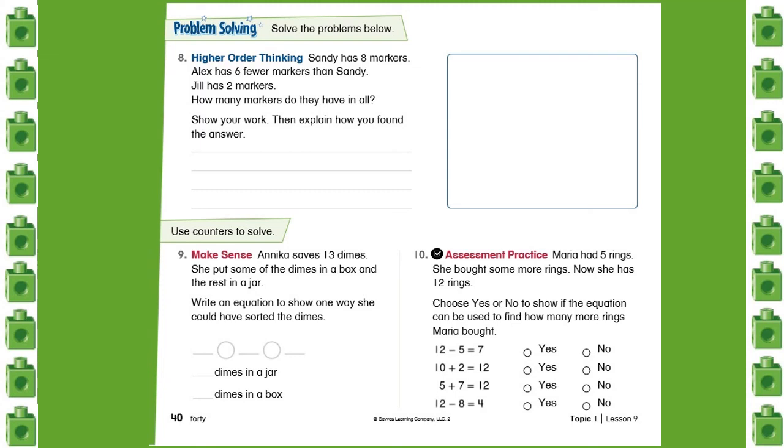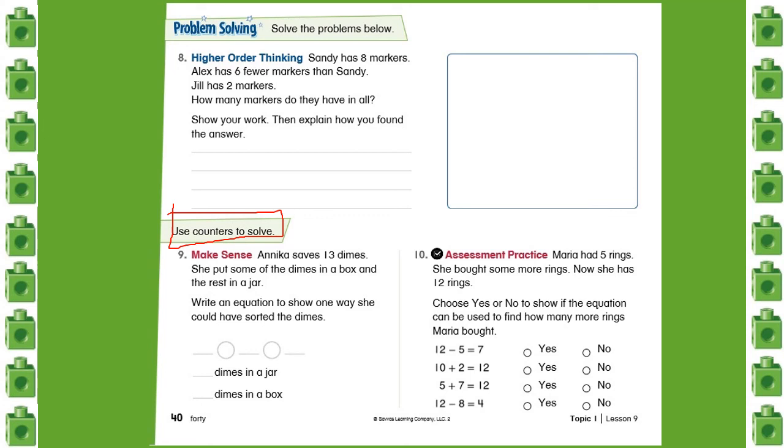Number 9. Now for number 9, it's interesting here. It says use counters to solve. So they are recommending a strategy that you use. You don't have to, but it's a good idea to follow what they're saying. Anika saves 13 dimes. She put some of the dimes in a box and the rest in a jar.